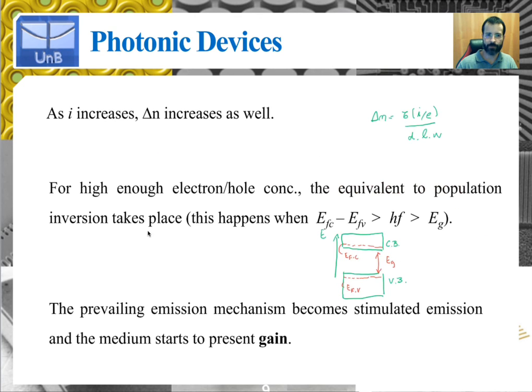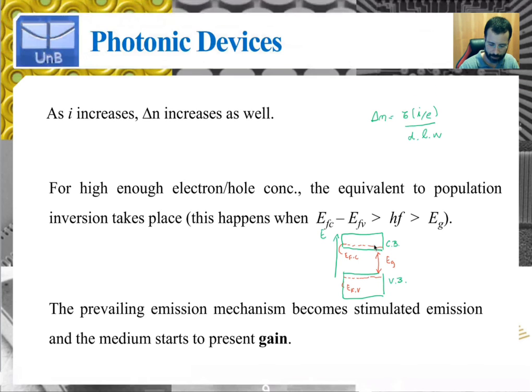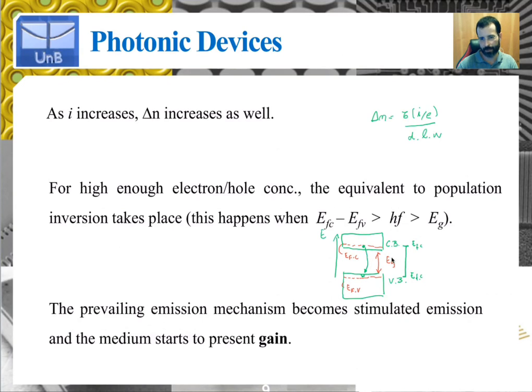The population inversion takes place when EFC minus EFV is greater than hf, but this will be true for photons emitted by the recombination of electrons that are within this region here, from EFV to EFC. So if the electron is, for example, here, a little below EFC, and the hole is a little higher than EFV, then for this energy hf corresponding to this difference, you'll have gain.